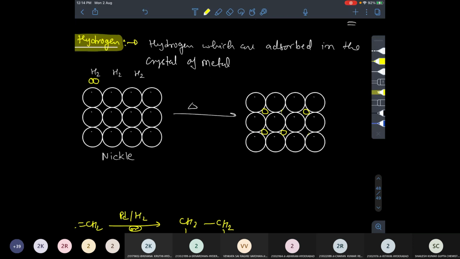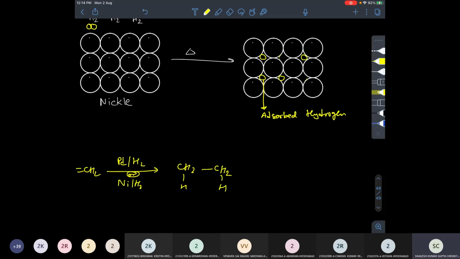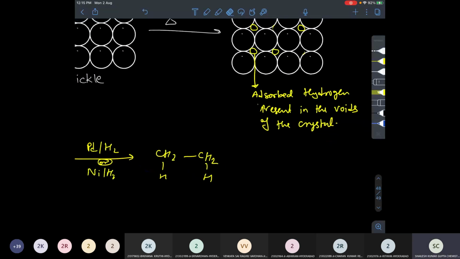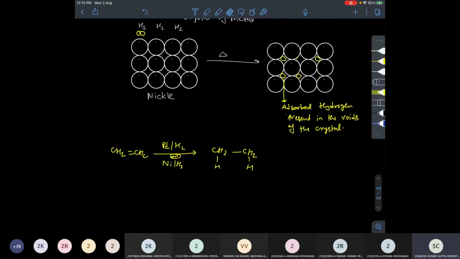So this is adsorbed. Present in the voids. Voids means open space, empty space of the crystal. Useful in reduction. So this is the reduction use I have shown.